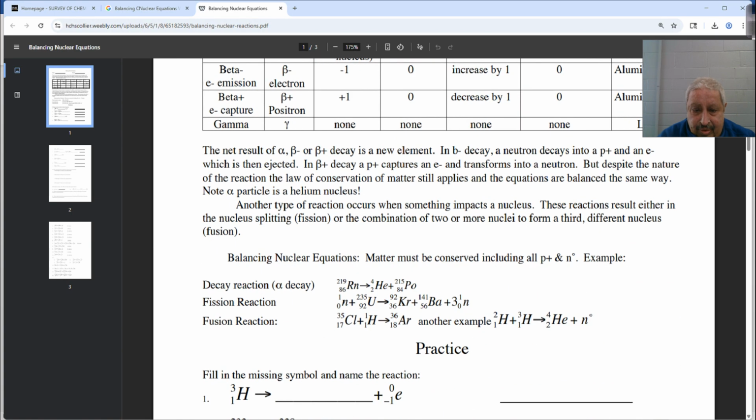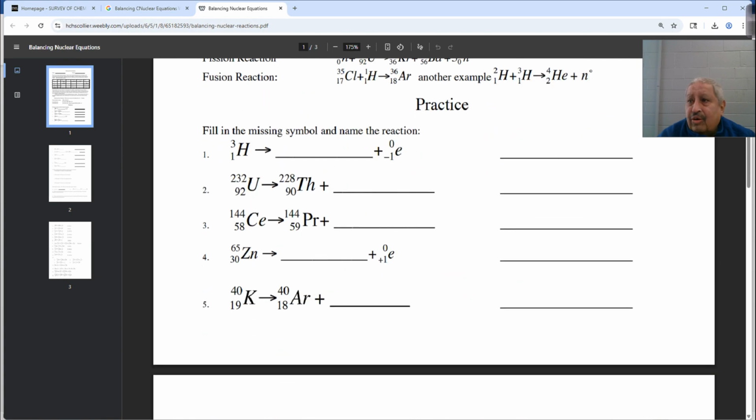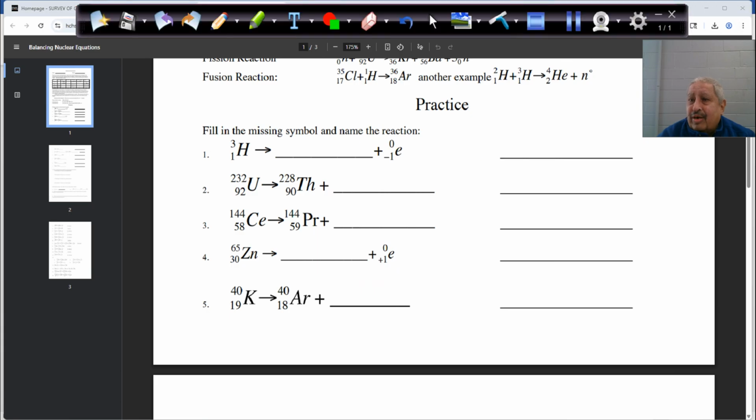So let's do a couple of those, and then we'll conclude chapter 3 and go for chapter 4. As I said, chapter 3 is the smallest chapter ever, and most probably they will ask in the final exam about balancing nuclear equations. So pick any of those, maybe 2 or 3.